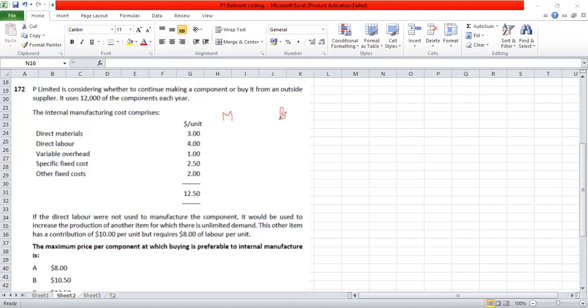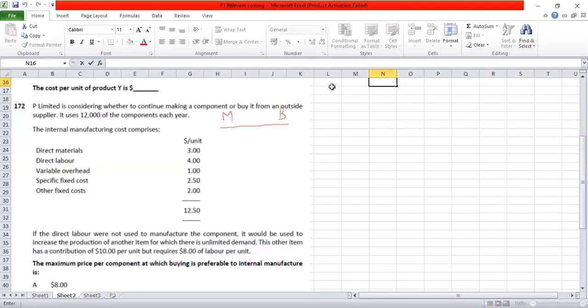If we are looking at that, for making, what are the costs which are incurred? If we are talking about a make or buy concept, let me put it here so that you will also have that. So we're doing question number 172. Decision about make or buy. If making, what are the costs which are incurred? Variable cost would be incurred, fixed cost also would be incurred.